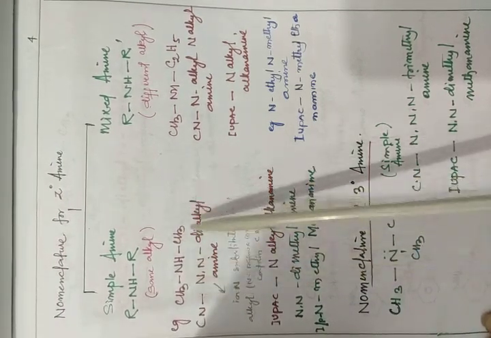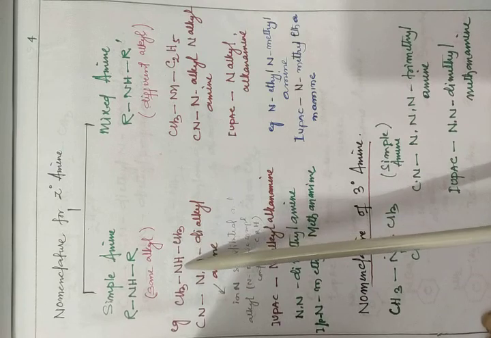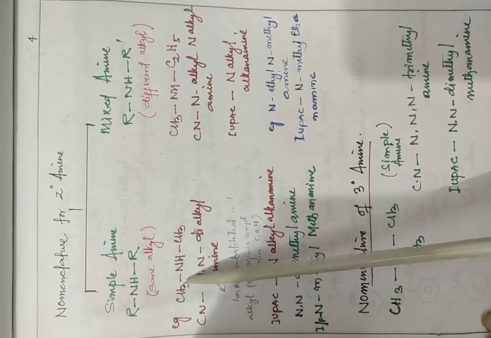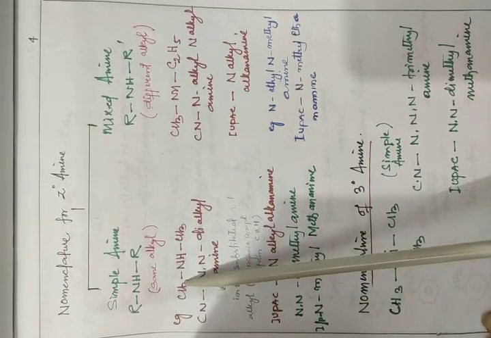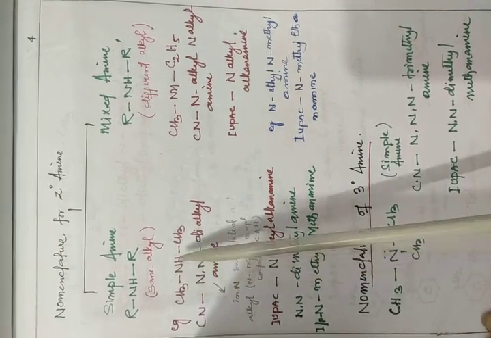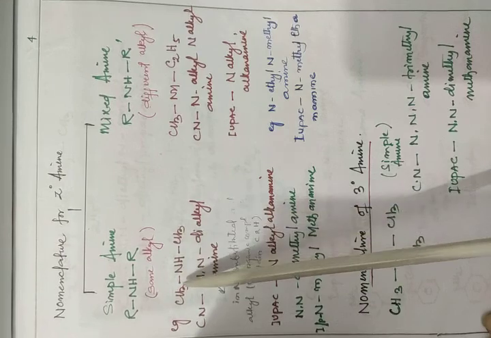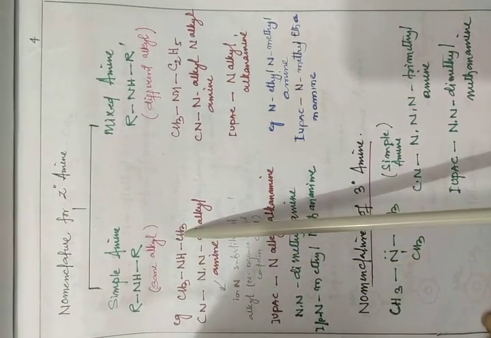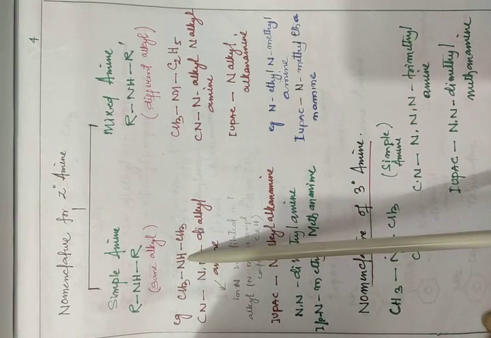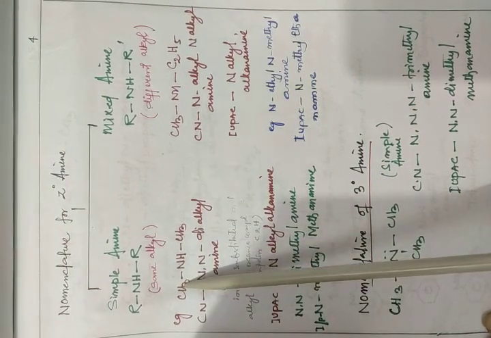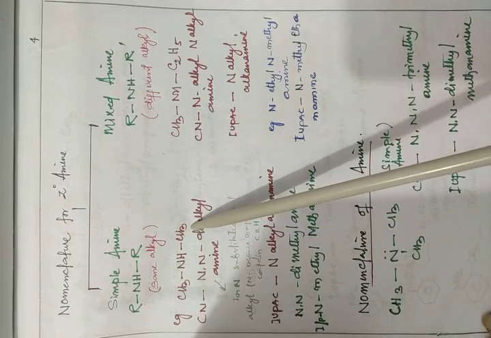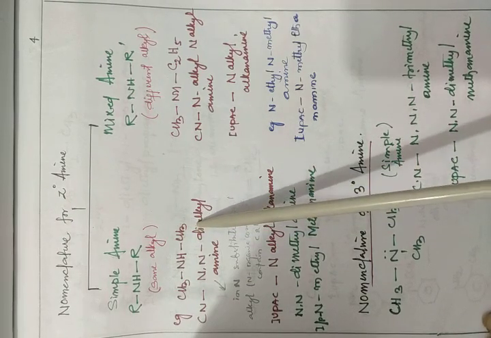So when we give the name, we say N-methyl, then another methyl is also attached. So 2 methyls are attached in this NH group. Then we say dimethyl amine in common name.